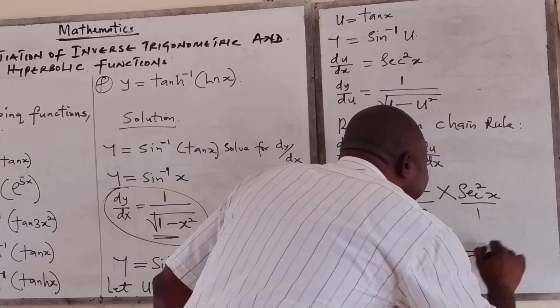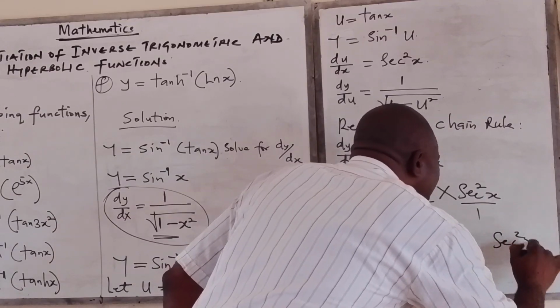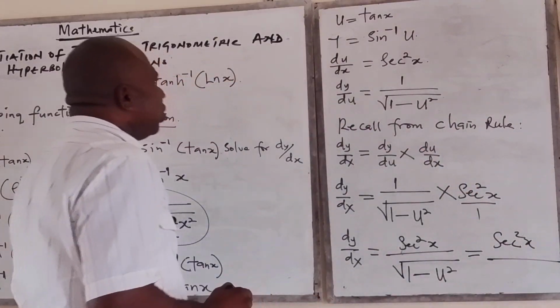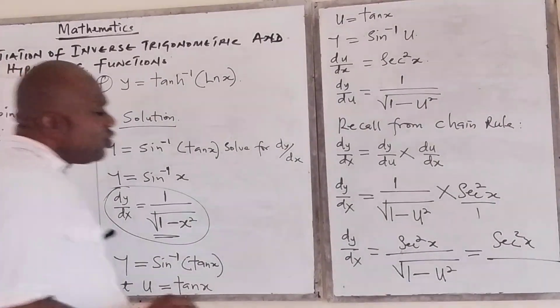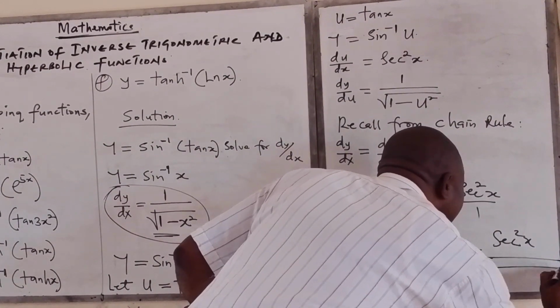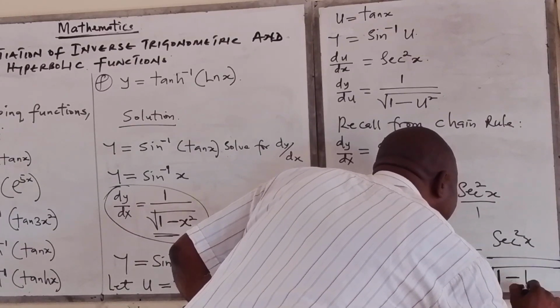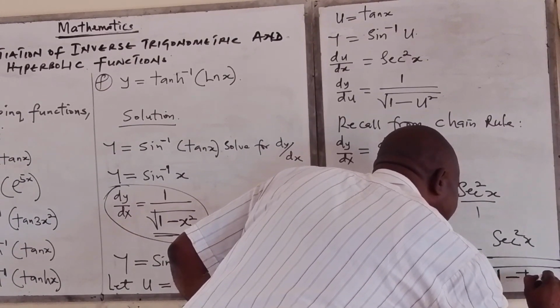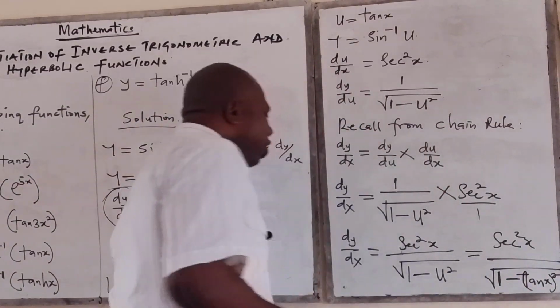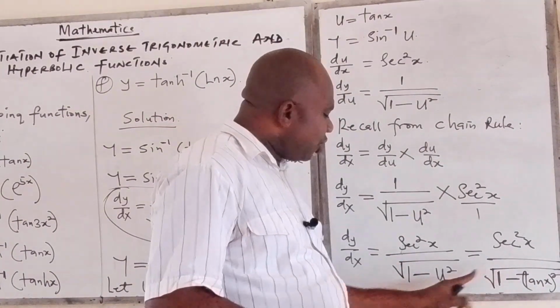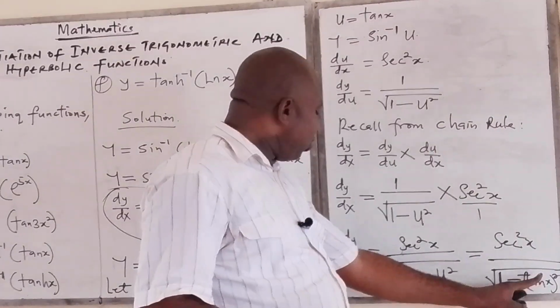Now, but remember, the value of our u is tan x. So it means this will be the square root of 1 minus tan x all squared. Yes, because if u is equal to tan x, u squared will be tan x all squared.